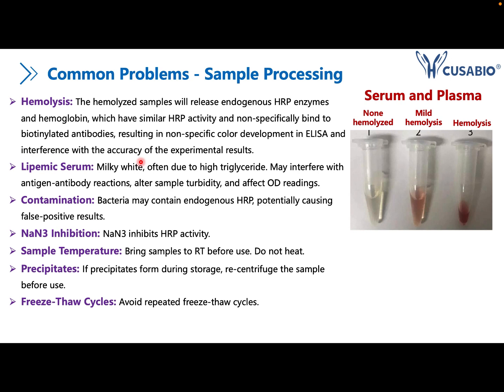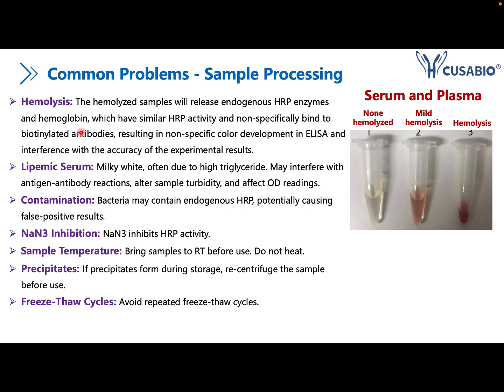So the first common problem is also about sample processing, and the sample types are serum sample and plasma sample. As you see in the right picture here, you will see the hemolysis, right? You see the pink and red, meaning that it's a mild hemolysis and a severe hemolysis.